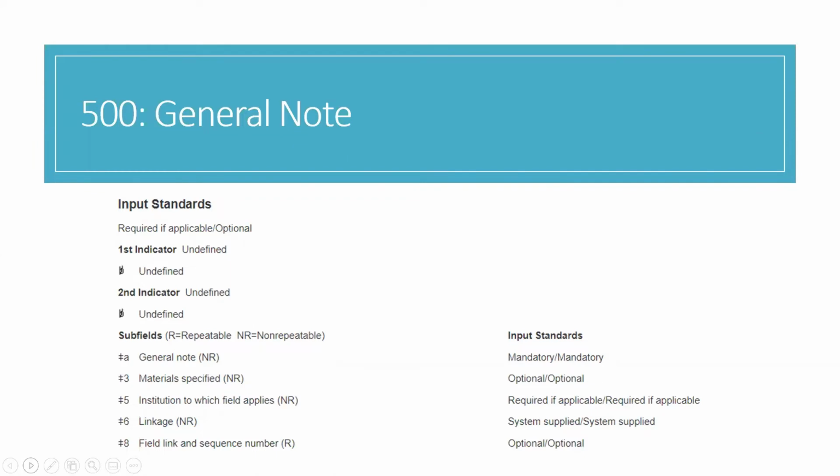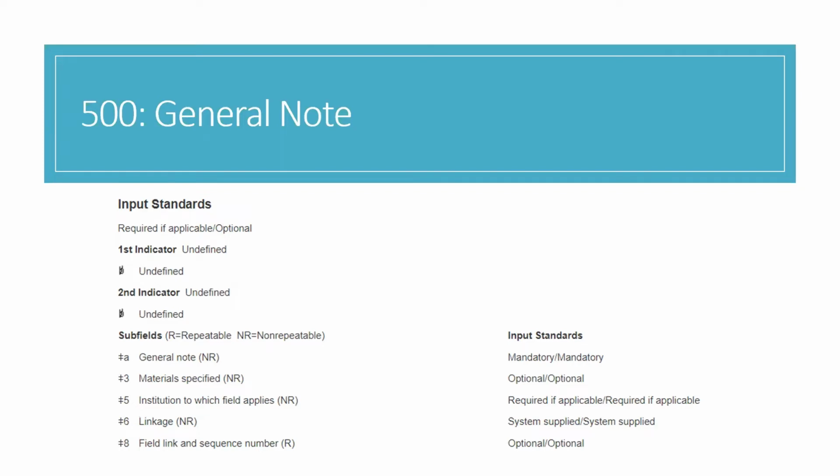Okay, so the first is the 500, a general note. If you're using ISBD punctuation, you need to be aware of the ending punctuation. Most of the 5XX fields end in a period, but not all of them do. The 500 field is required if applicable, both indicators are blank, and the subfields are A, 3, 5, 6, and 8.